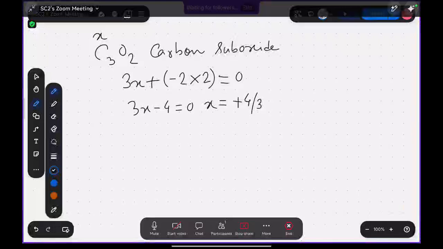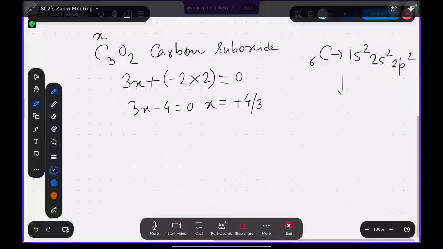Carbon atom can have oxidation state up to plus 4, depending on the electronic configuration. Carbon has atomic number 6. Its electronic configuration is 1s2, 2s2, 2p2.